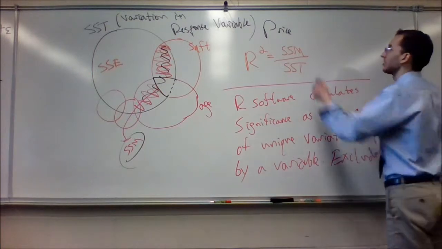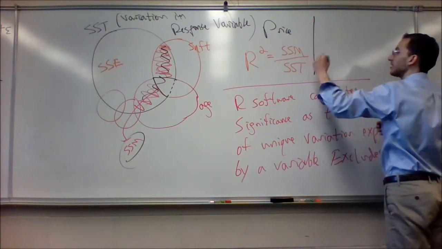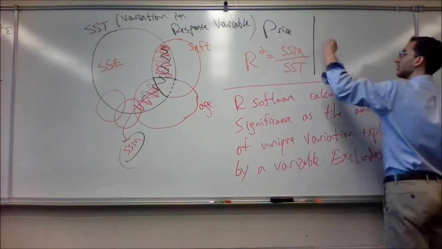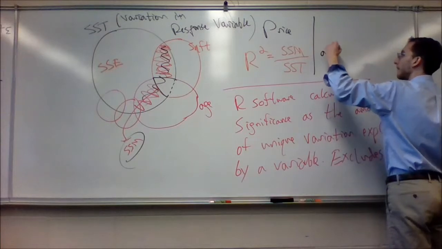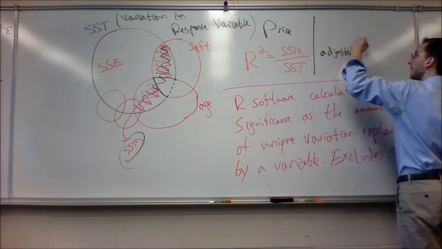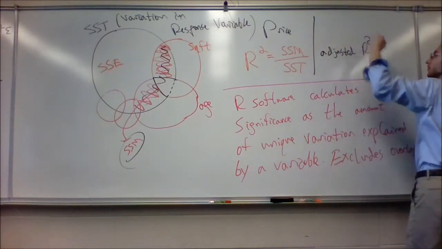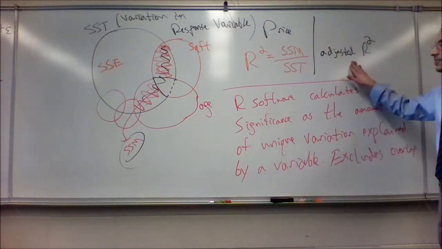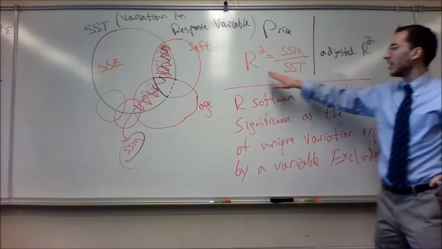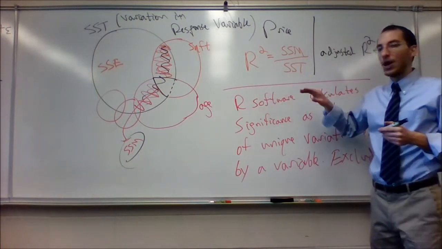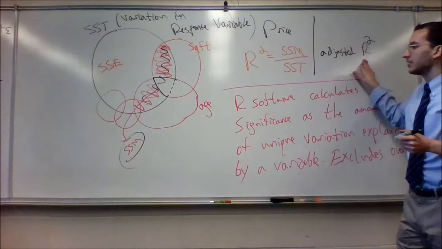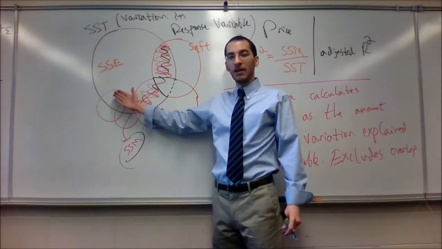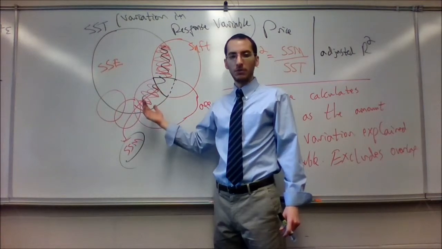And I guess the last thing to put in here is that you've seen in the R output that there's this thing called adjusted R squared. And what adjusted R squared does, it's interpreted the same way as the R squared, but what it does is it penalizes you for adding in explanatory variables that don't do much for you.